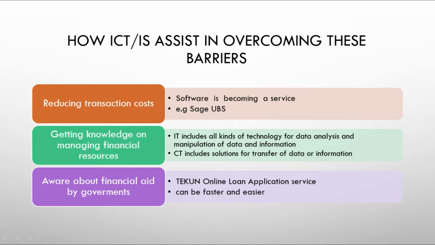Tekun Mobile aims to further improve the delivery system of related information through a field-going and entrepreneur-friendly way. Tekun Mobile's goal is seen in line with the government's intention to provide better and more efficient services to the general public, especially Bumiputra. That's all from me. Thank you.